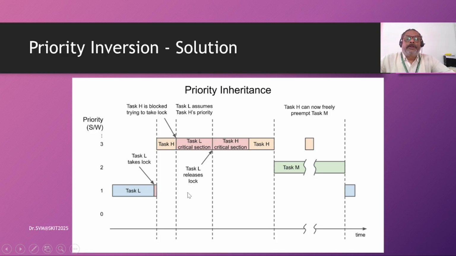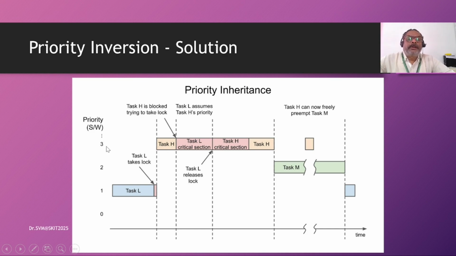Therefore automatically, to ensure that there won't be any longer block for the high priority task, the priority of this low level critical section is elevated to the priority level of the high level process.